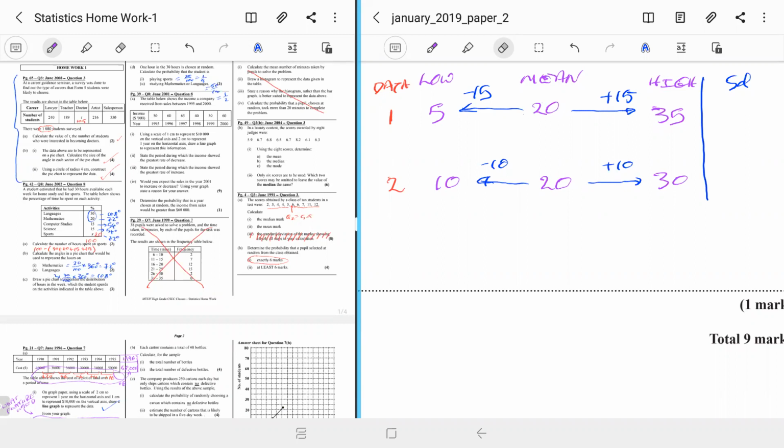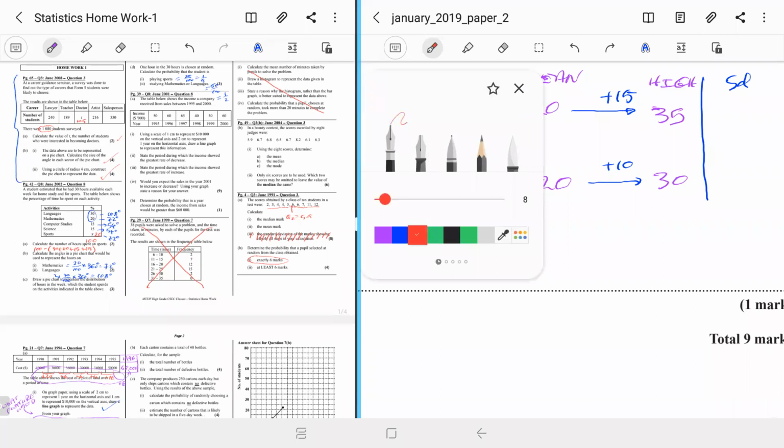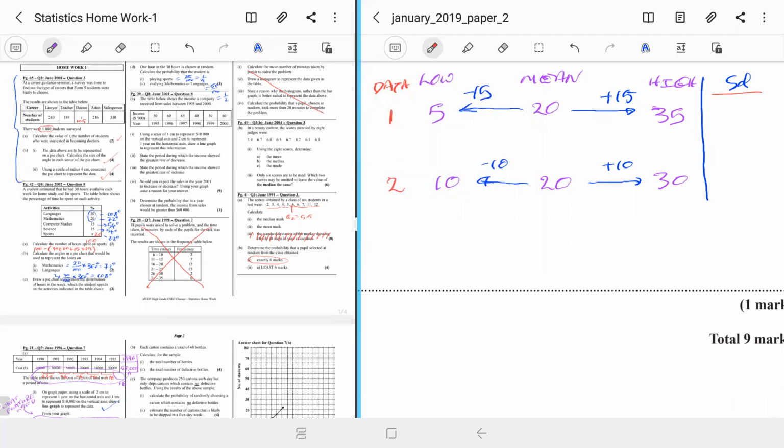So if the mean is 20, look at the first set of data: on average it varies from 5 to 35. The second set varies from 10 to 30, and the mean for the two of them is 20. Which one would have the higher standard deviation and which the lower? The first one would have the higher standard deviation. The standard deviation for this one will be high.